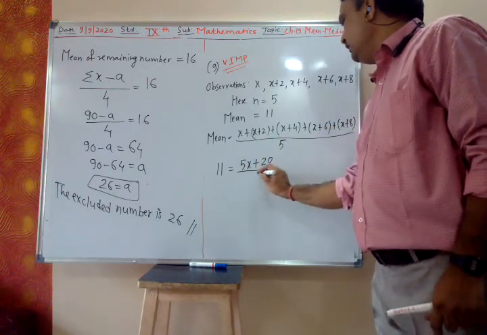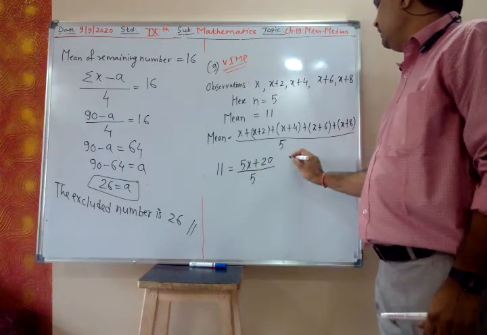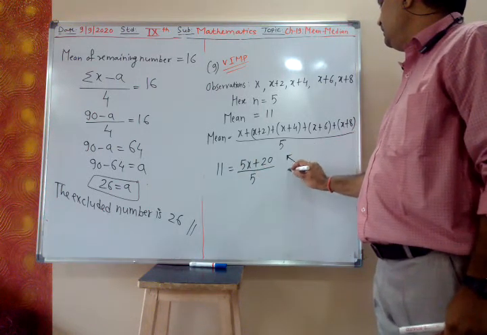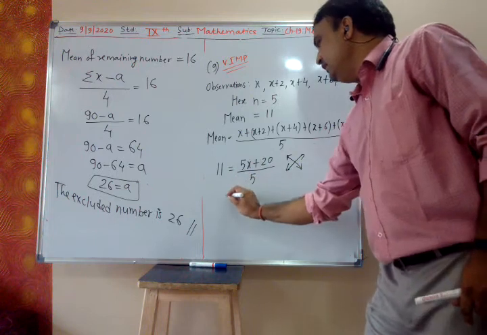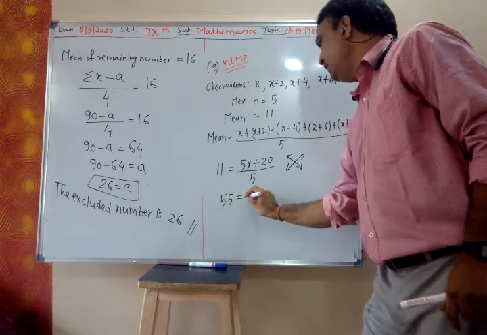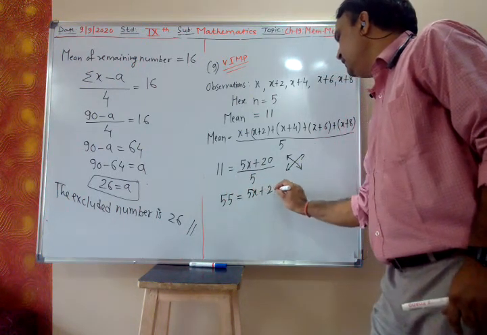So 20 upon 5. Now cross multiply. 5 into 11 is 55. 55 is equal to 5x plus 20.